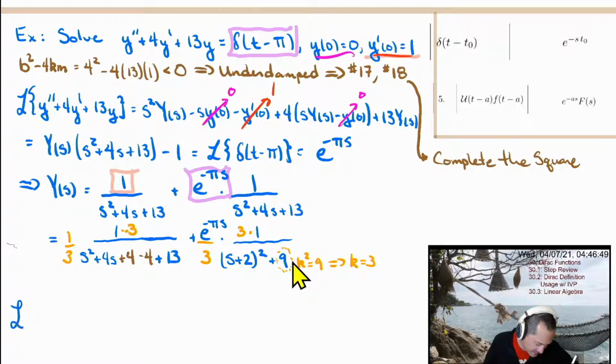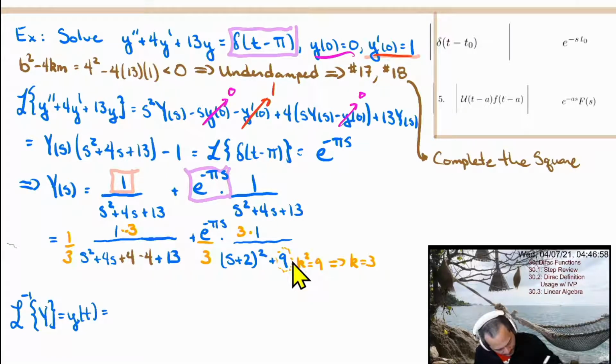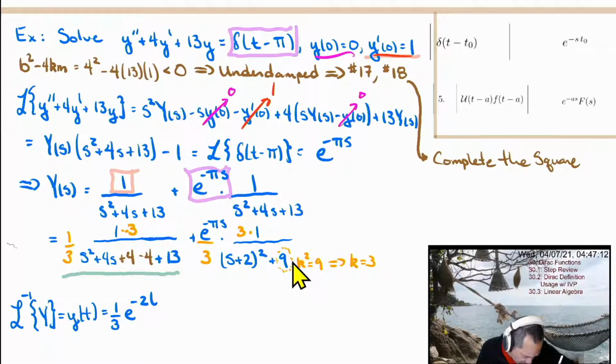So I'll take the inverse Laplace transform of capital Y of s. That will get me little y of t. This first term, which I will underline in green, because of table entry 18, transforms back to 1/3 e to the negative 2t times the sine of 3t.